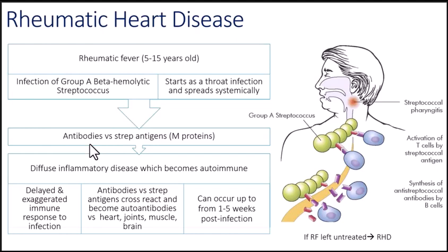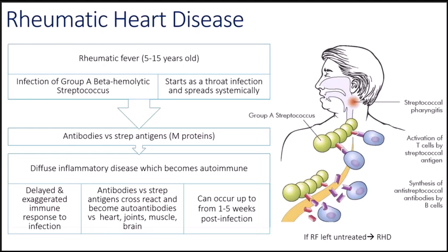Our body attacks our own tissue, and we know that that's called autoimmunity. And so the areas that are attacked, as already described, are places like the heart, joints in the body, your skin, your nervous system. They can all be attacked in this autoimmune response.